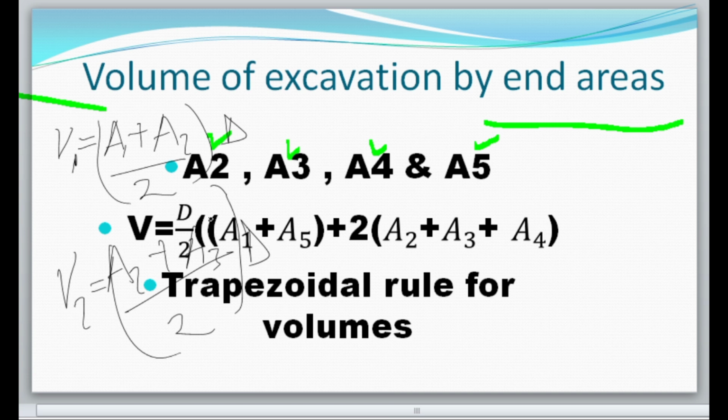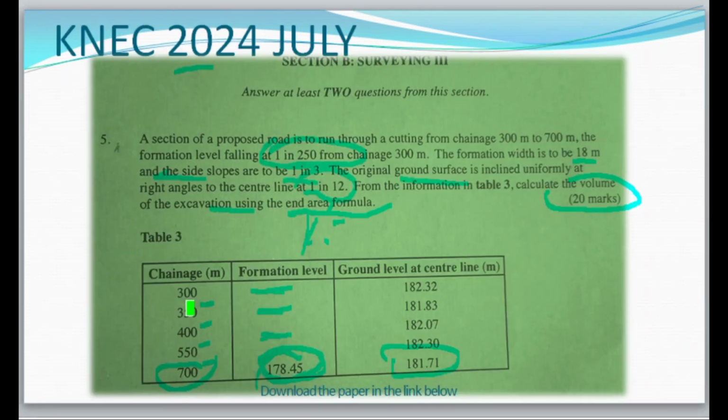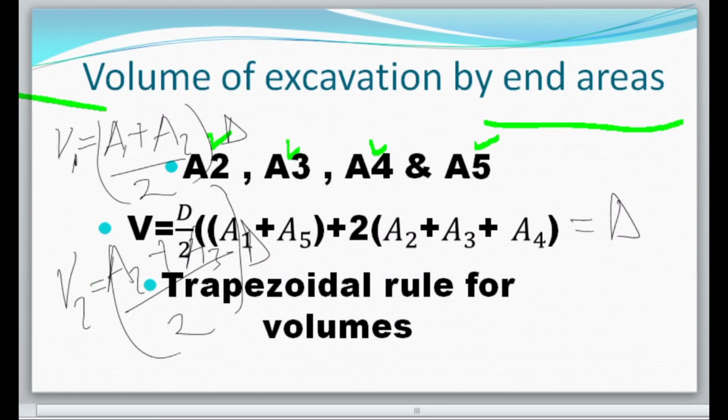So v is equal to d over 2 into area 1 plus area 5 is used when d is common, and as you have seen here, our d is not common. Here we have a difference of 5. All the others are 150. That's why you can also combine that formula. It's up to you.